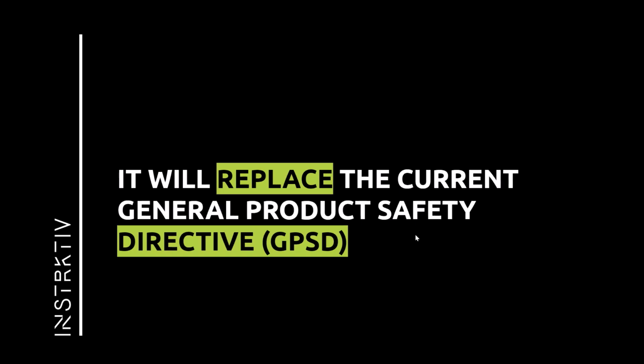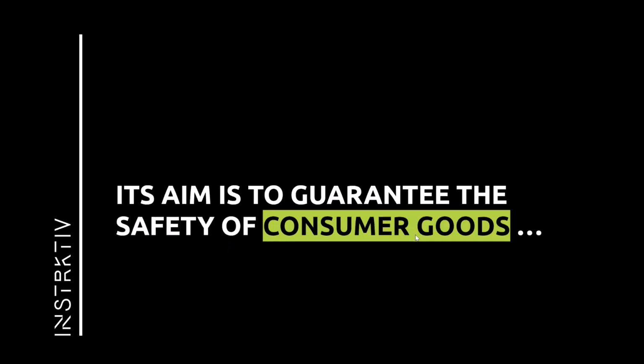So first of all, what is new in the General Product Safety Regulation? As I said, it will come into force on December the 13th, 2024, and it will replace the current General Product Safety Directive. The aim of the new regulation, and also the aim of the current General Product Safety Directive, is to guarantee the safety of consumer goods.